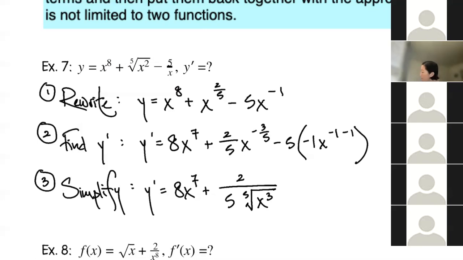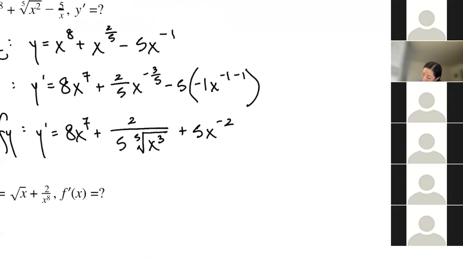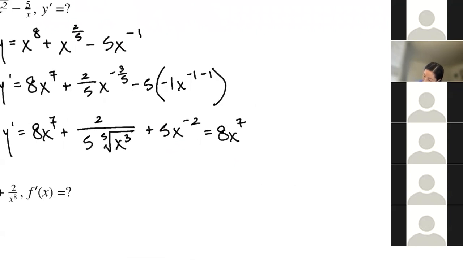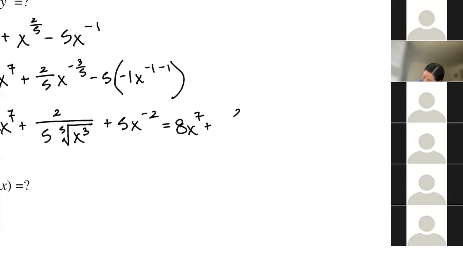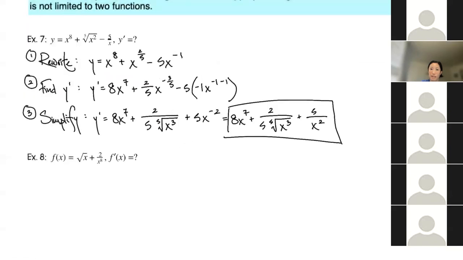So -5 times -1 gives me a +5. And this is x to the -2. So let's take one more line to simplify that and obtain our final answer.